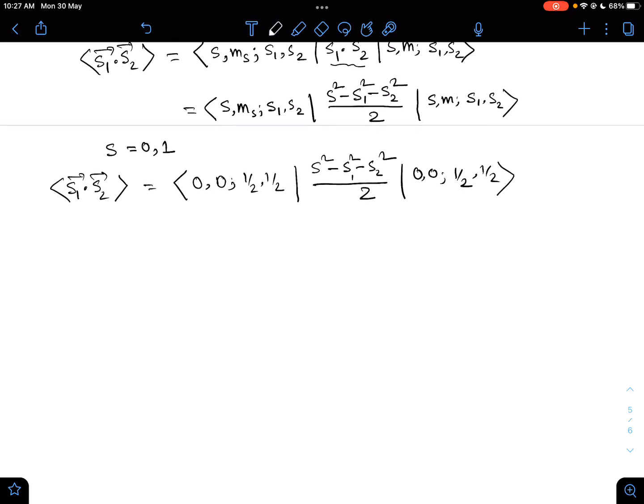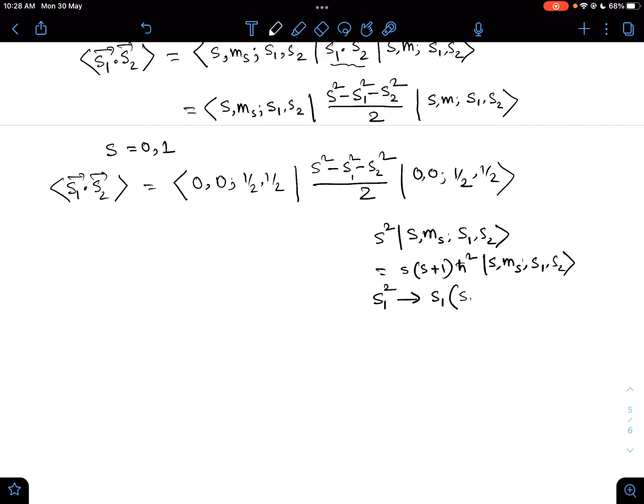Now what is the eigenvalue of this? S squared on |S, Ms, S1, S2⟩ will give us S(S+1)ħ squared times |S, Ms, S1, S2⟩. Similarly, the eigenvalue of S1 squared is S1(S1+1)ħ squared, and the eigenvalue of S2 squared is S2(S2+1)ħ squared.